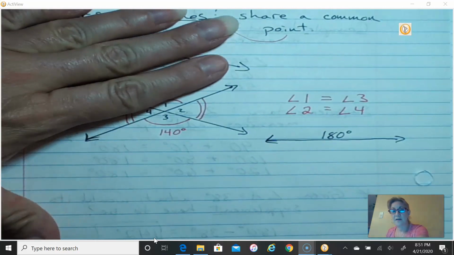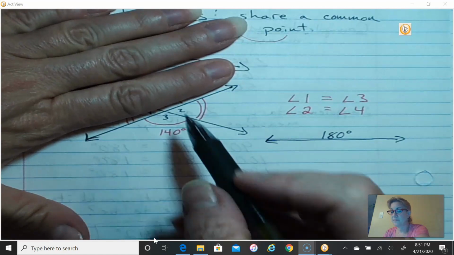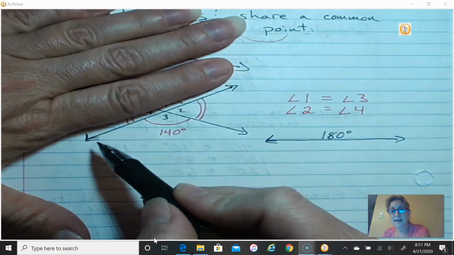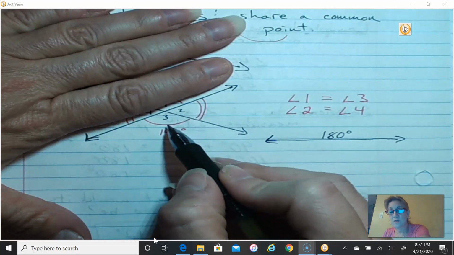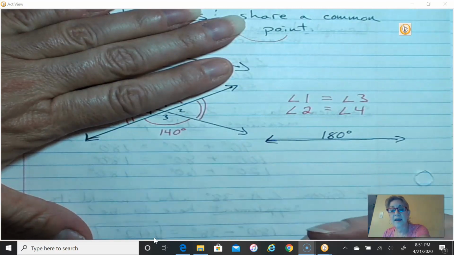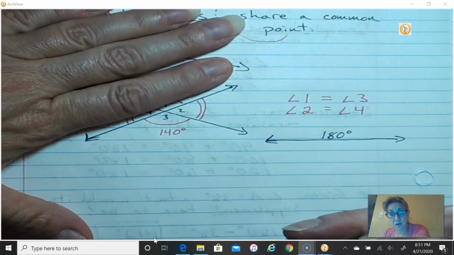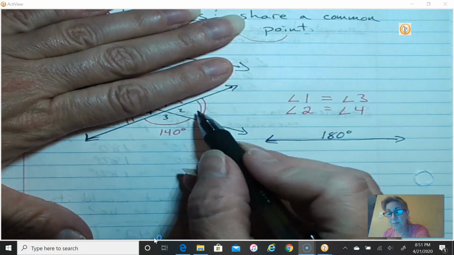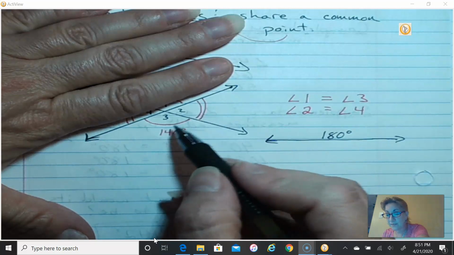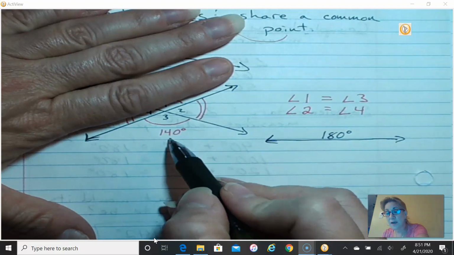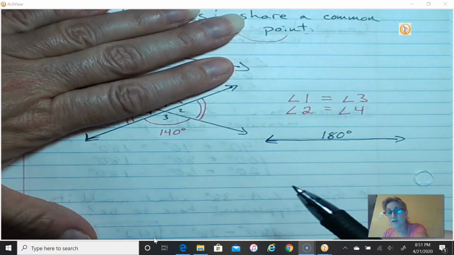Watch this. If I cover this up, straight line. Angle 2 and 3, they are supplementary angles. Okay? So if angle 3 is 140, then what's angle 2?